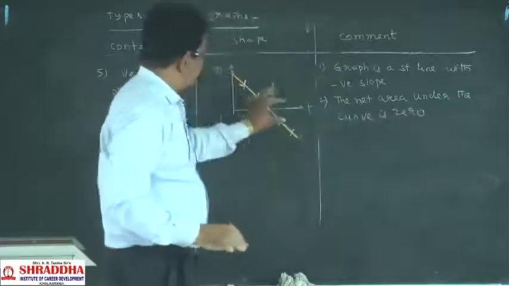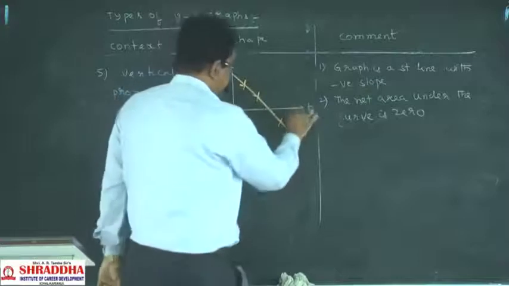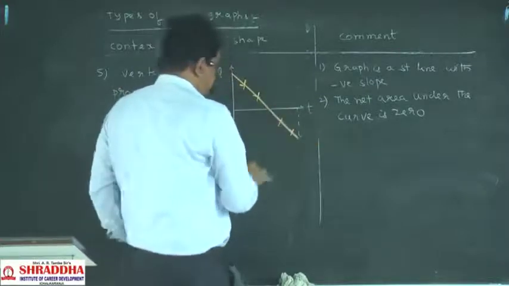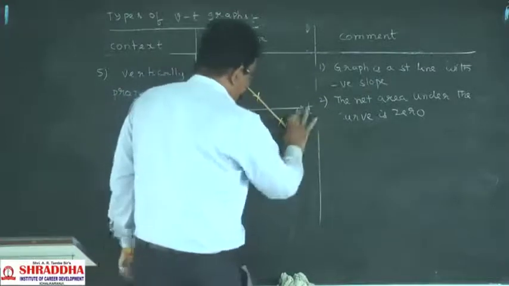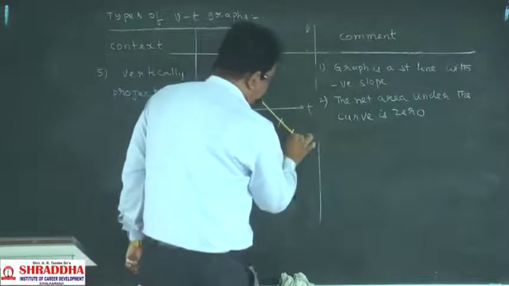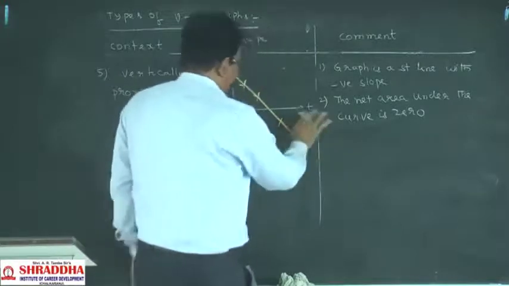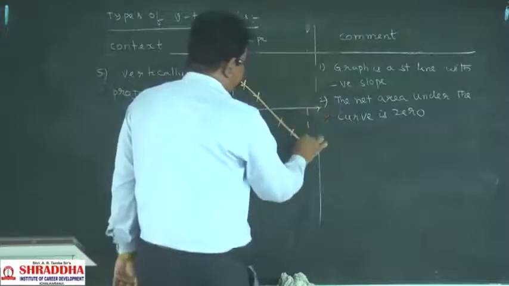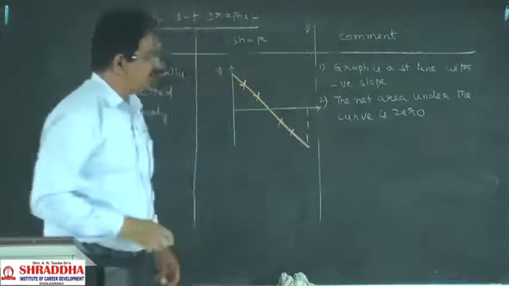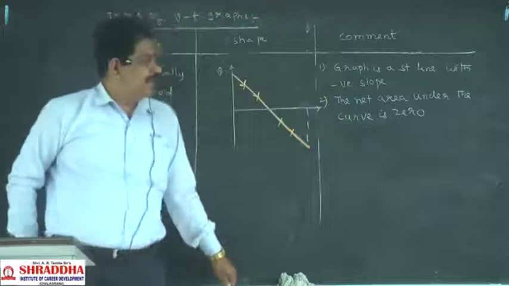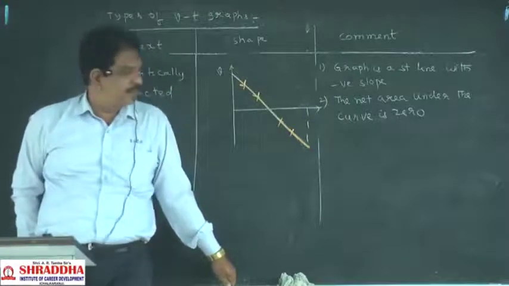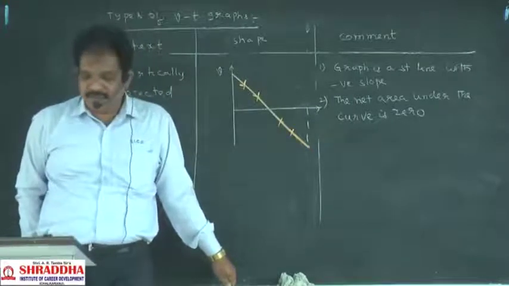Means this area and this area will be equal and opposite. This is negative, this is positive. So the net area under the curve is 0.